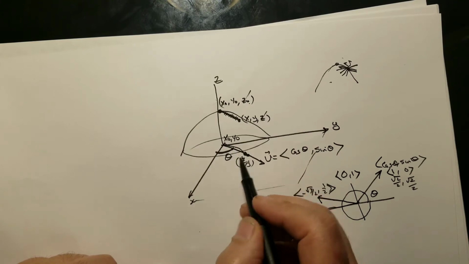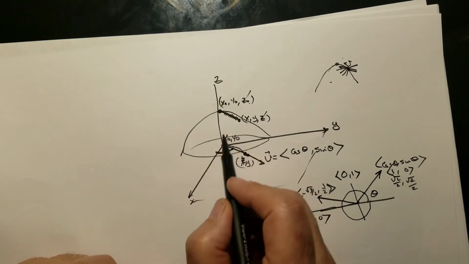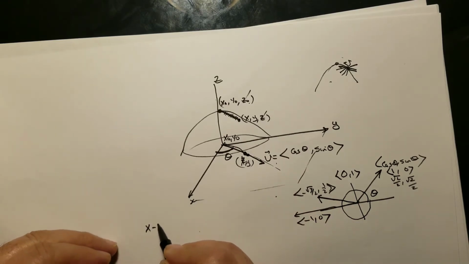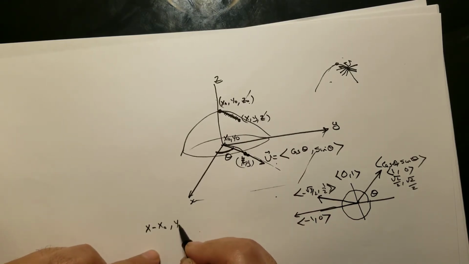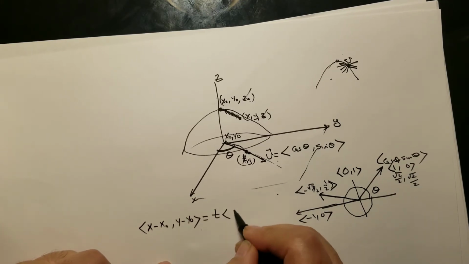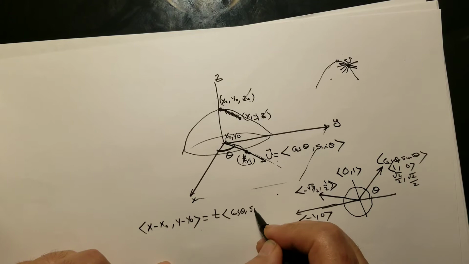Therefore, that vector, which is parallel to my unit vector, gives us x minus x naught, y minus y naught, which is parallel to t cosine theta, sine theta.